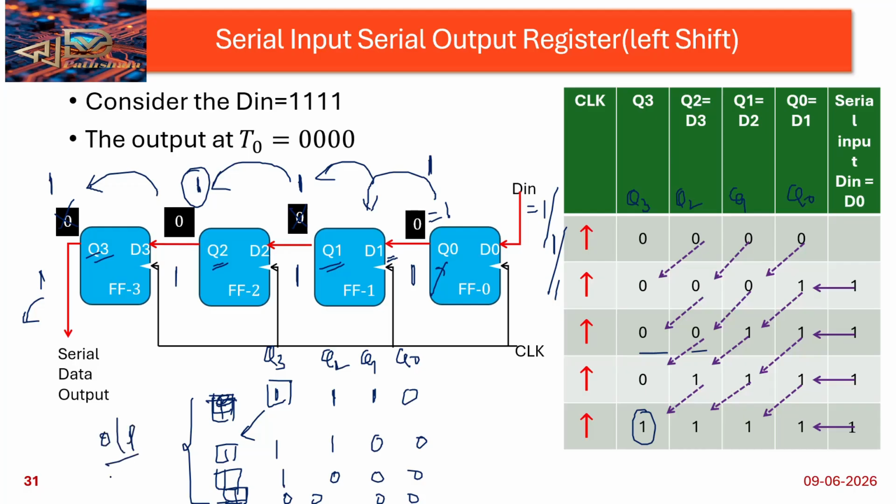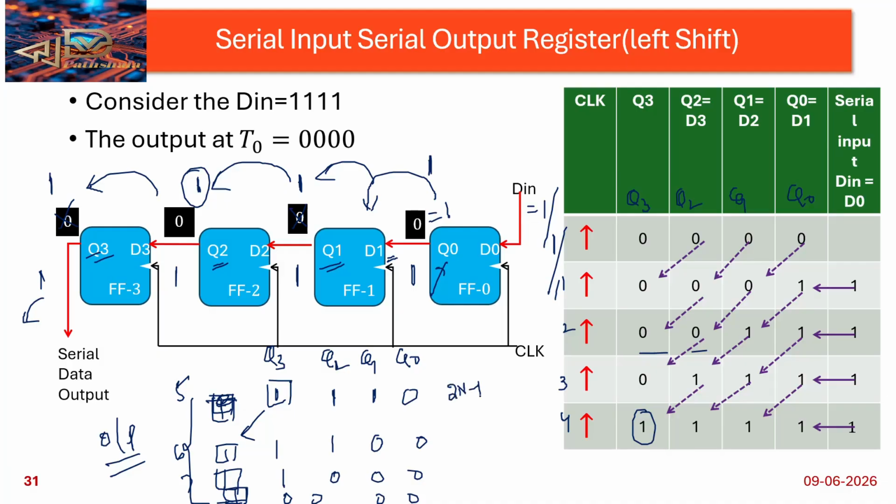This is my output: whenever the data is given here, all the data output comes out here. How many clocks are required here? 1 2 3 4 5 6 7 8. So generally at the eighth clock all values are 0.